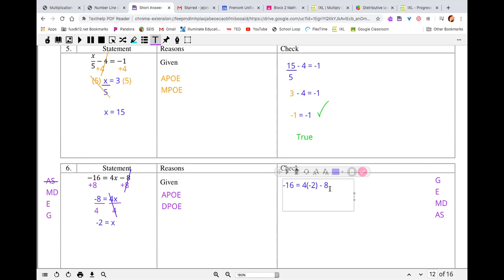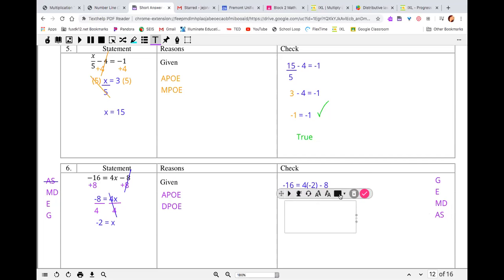And now that we have all numbers and there's no variables, I follow order of operations the normal way. So where am I starting? Am I going to start with the multiplication or the subtraction? The multiplication. Yes, because it says groups, exponents, multiplication and division, then addition and subtraction. So we're going to times first.